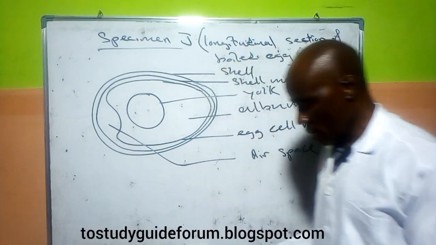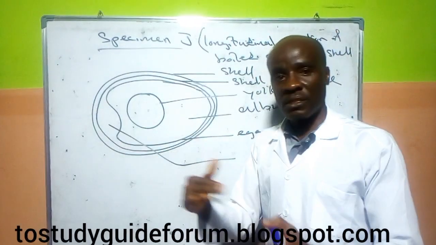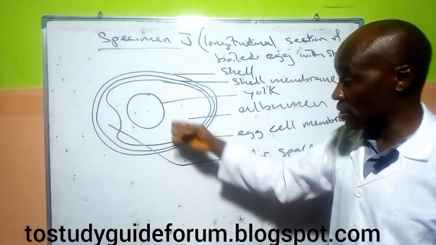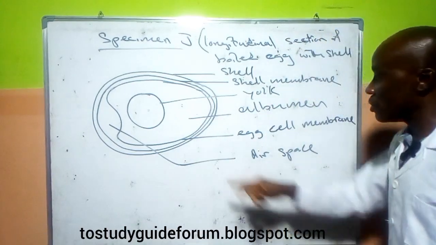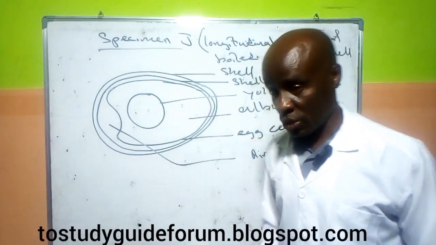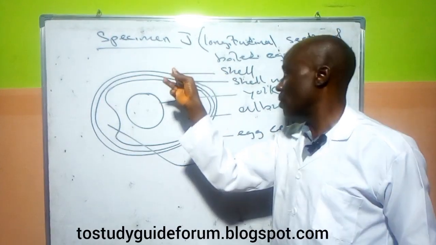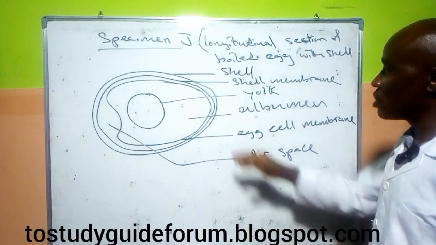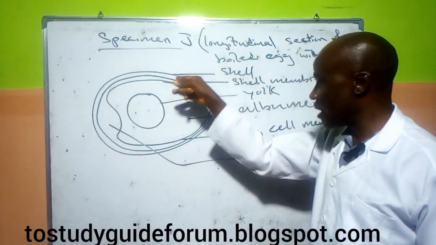Now, this airspace is where the air is trapped during the development of this egg. They tend to take up oxygen from there. Now, the yolk is what supplies nutrients until maturity. Now, we have the egg shell, and the shell membrane, which is immediately after as you're cracking it. You notice something around it.